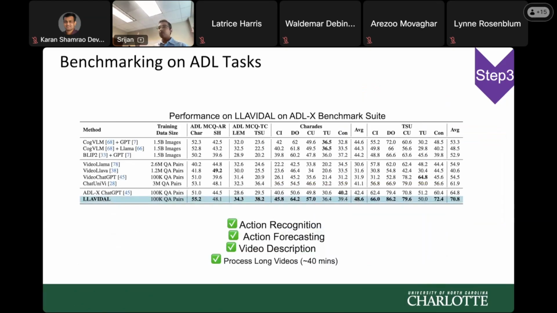When we compare our models with the state-of-the-art, Navidan outperforms other models like Video-LLaMA, where you have like 2.6 million question answer pairs, or even models using GPT, where you have 1.5 billion images being trained, compared to our model where we are just using 100K question answer pairs. But this is a model that we developed 1 year back, where the LLM that we are using is Vicuna.